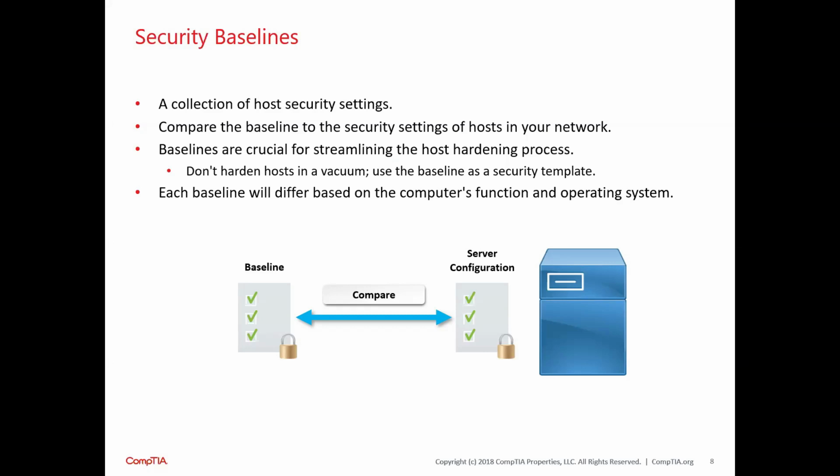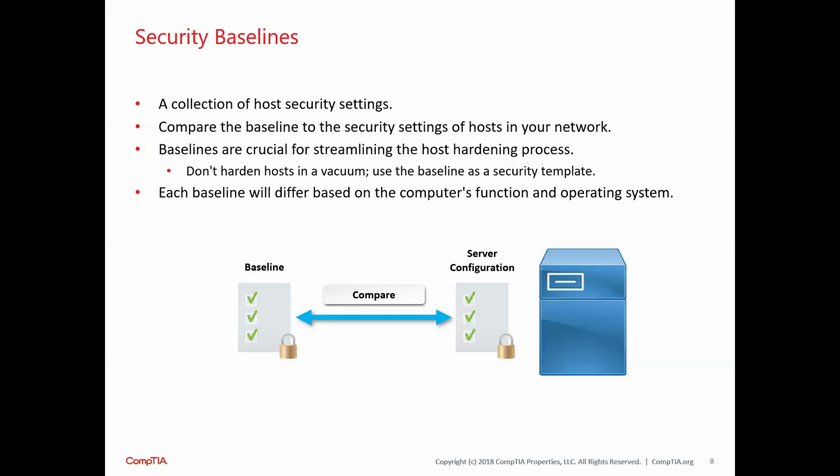So think about creating a baseline of minimal security settings that would be implemented on your host, which could be your server, your client, or something like your router. When you create a baseline, you can compare your current server configuration and check whether this particular configuration is correct or not.